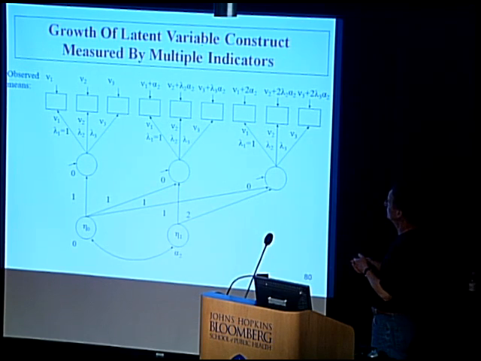At the second time point, the mean of the first item is nu1 plus alpha 2, where alpha 2 is, in this case, the mean of the slope growth factor. So that the mean of f2 is 0 plus alpha 2. So the mean of this is nu plus lambda times alpha 2. And for the second item, it's lambda 2 times alpha 2, and lambda 3 times alpha 2.